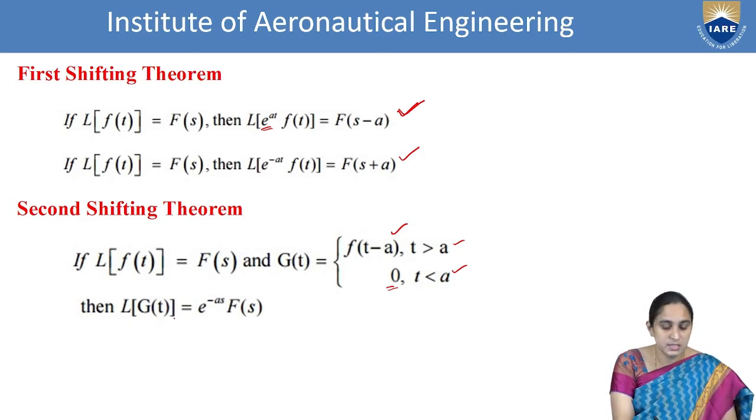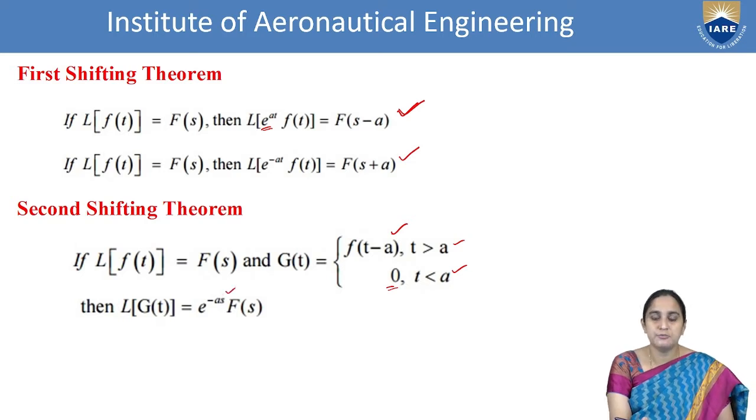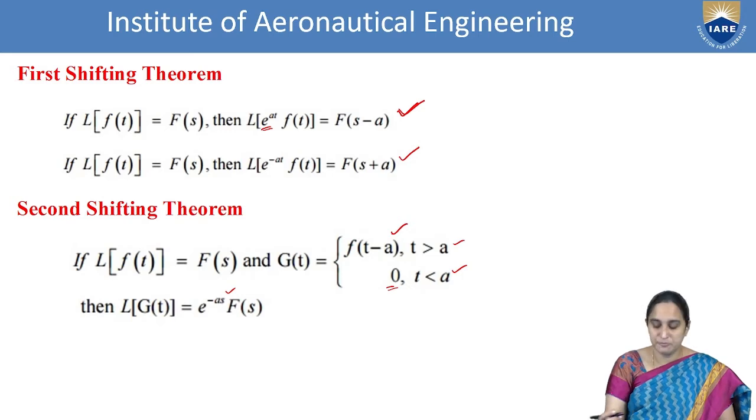Therefore, by the second shifting property, Laplace of g of t is equal to e power minus as into F of s.